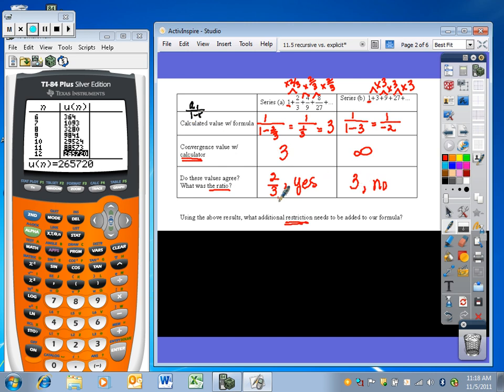How does 2/3 compare to that? That's right, the ratio has to be less than 1. So we are going to say the absolute value of the ratio, so it doesn't matter if it's negative or positive, has to be less than 1. Then my formula I generated will always work.